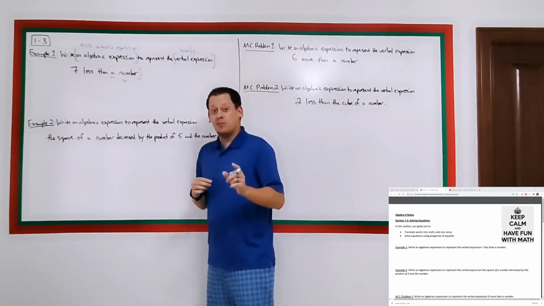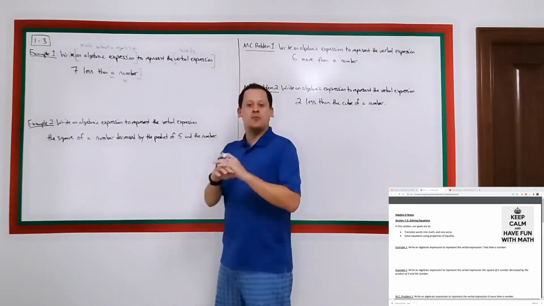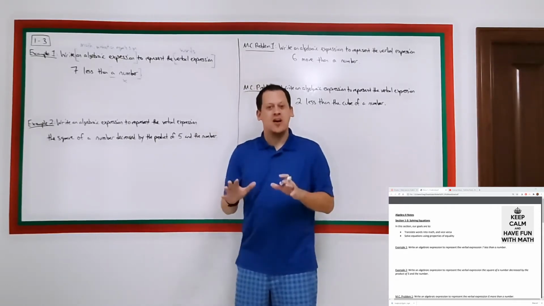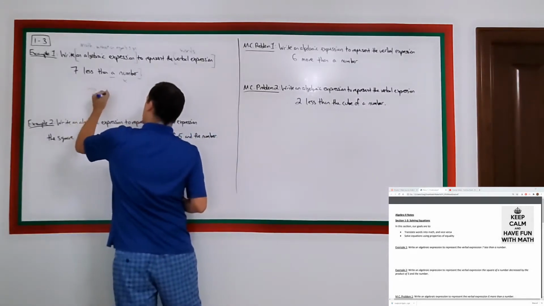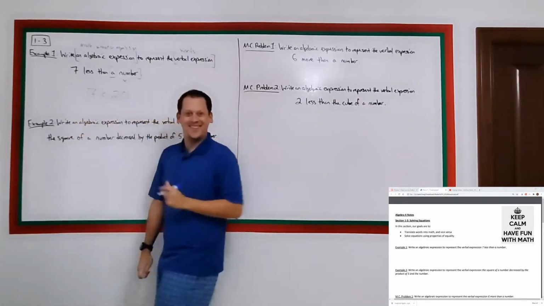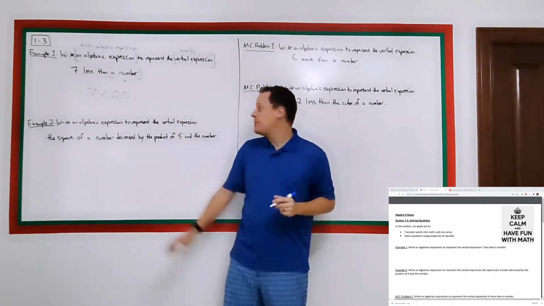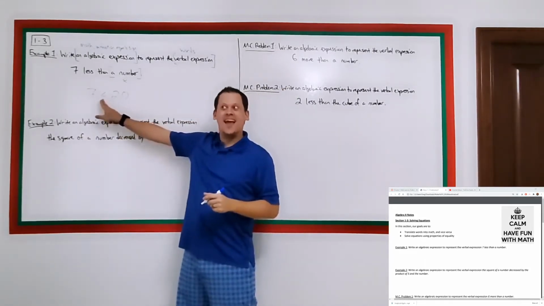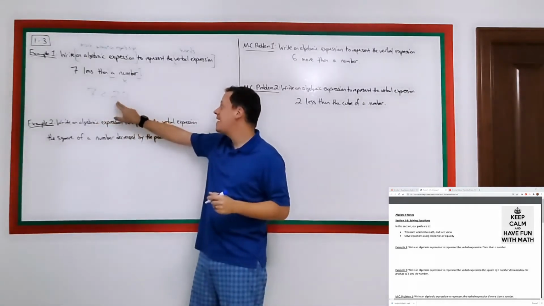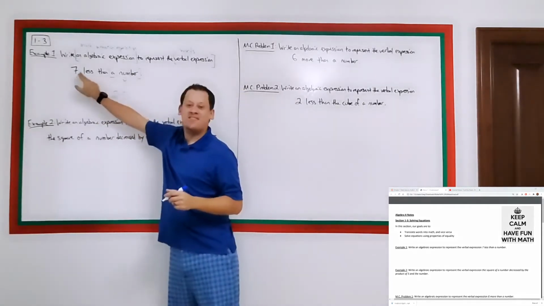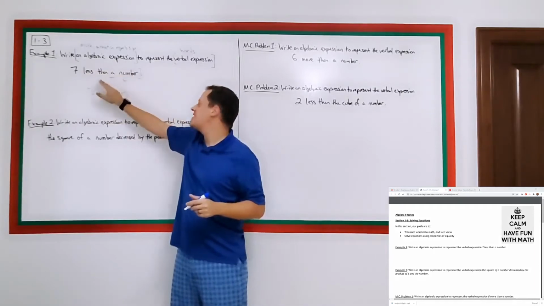Now, when I've done this example in the past, I saw something that I was shocked by when I first saw it, but I understand why people would do this. They write this. 7 less than 20. Because this is a less than sign. And technically, yes, that says 7 is less than 20. But this doesn't say 7 is less than 20. It just says 7 less than 20.